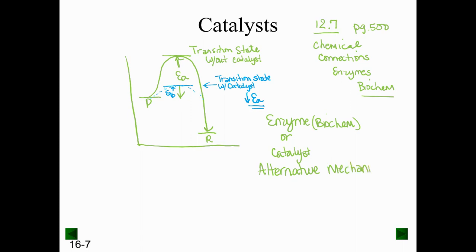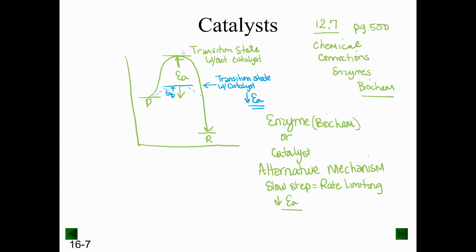In the alternative mechanism, the slow step, the rate limiting step, has a lower E of A. Whereas without the catalyst, you're looking at a mechanism whose slow step has a higher activation energy. And so then it's slower.